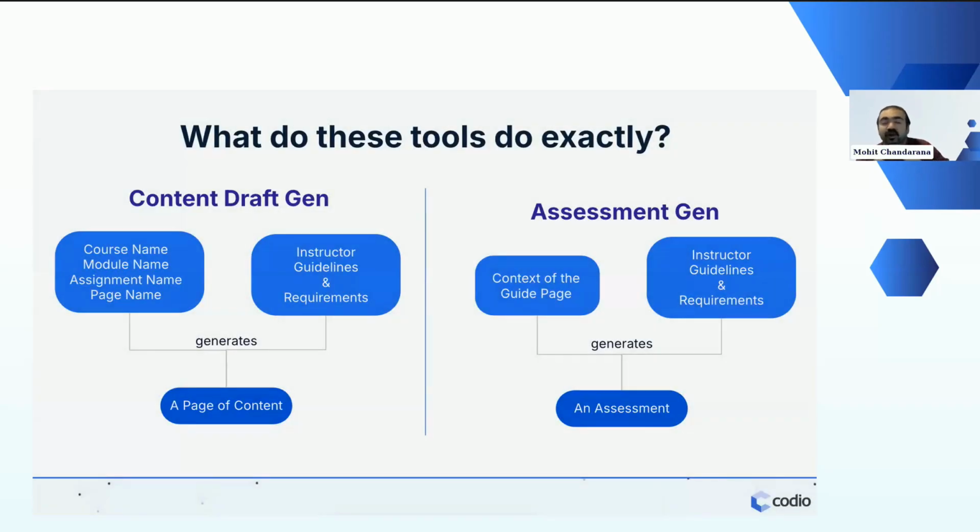So for the content draft, it takes in two things, the course module assignment and page titles, as well as any instructions and guidelines that you want to give the models, and will give you a well-drafted, structured page of content. On the other hand, the assessment generation will take whatever context or content exists on a given page by default, and you can add any optional guidelines and instructions to that, and it'll give you one of the four assessment types that we just saw.